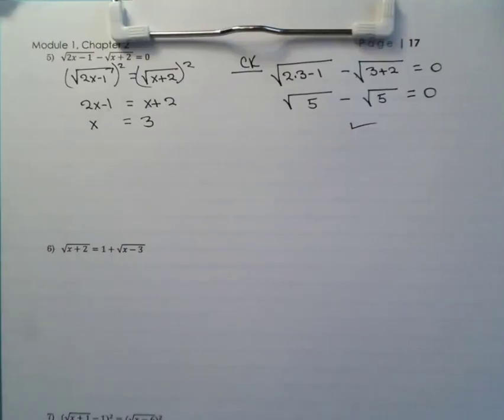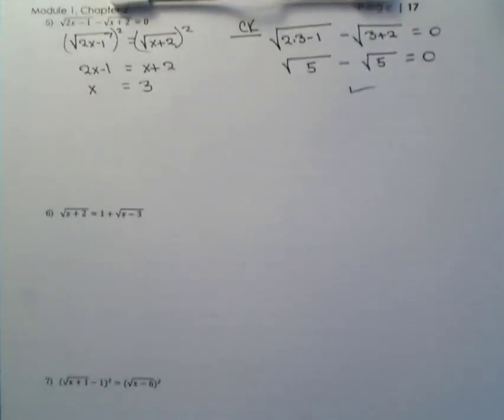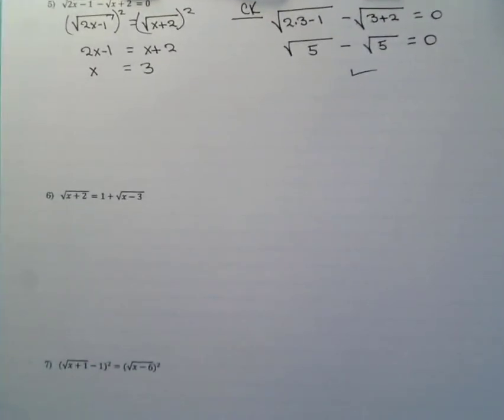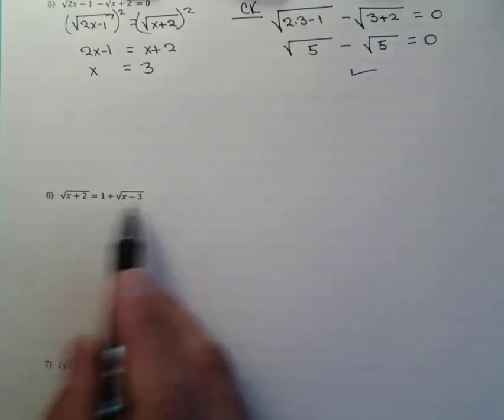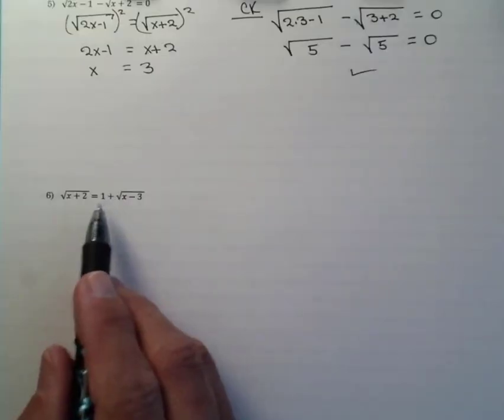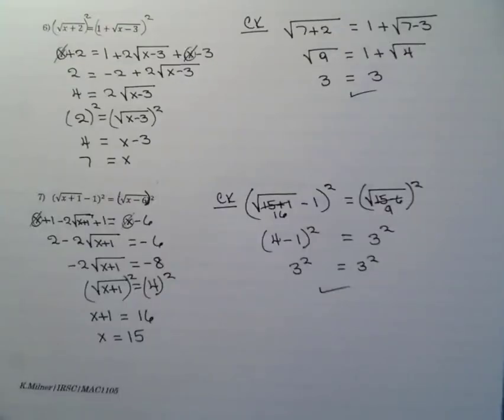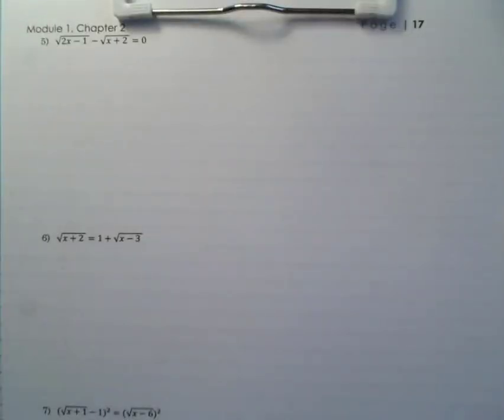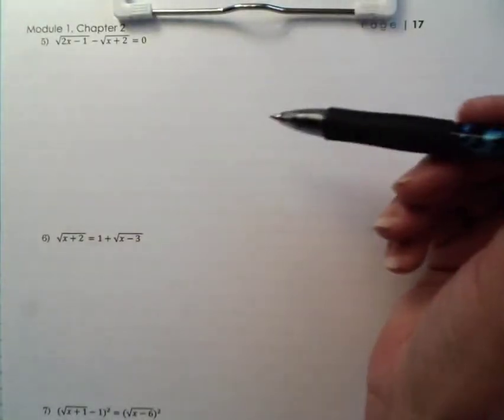Now, let's see if we can do it again, but this time we've got a little bit of a complication. In number 6, we have more terms than just radicals, don't we? I have one on each side, but I've also got a 1 that is added. Now, our problems are going to get a little more complicated.